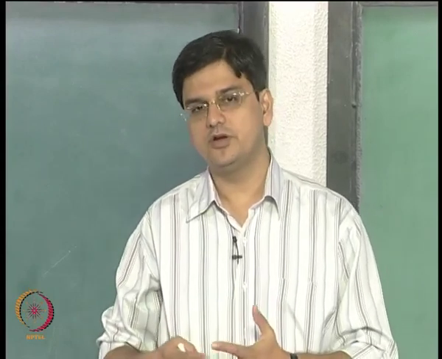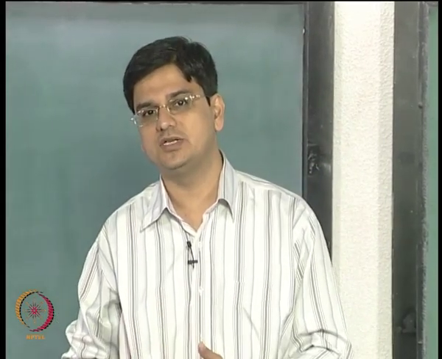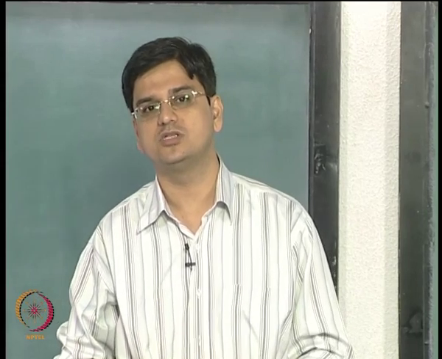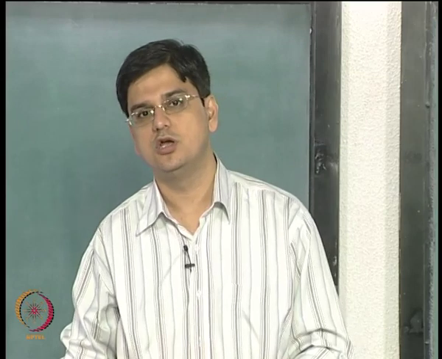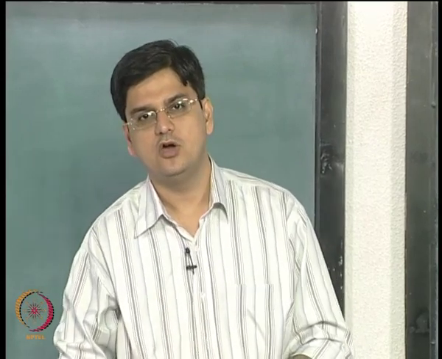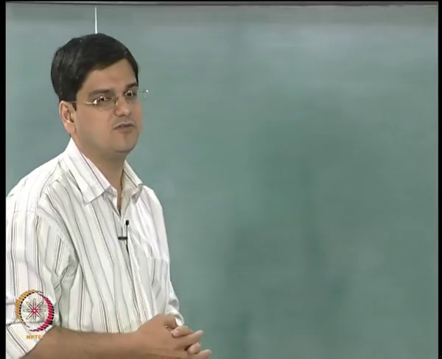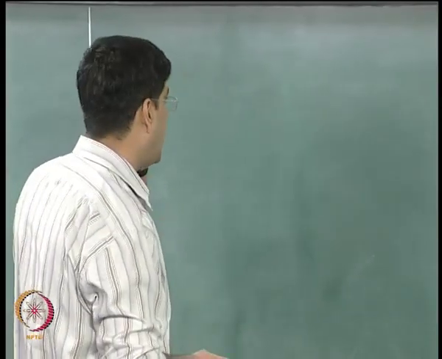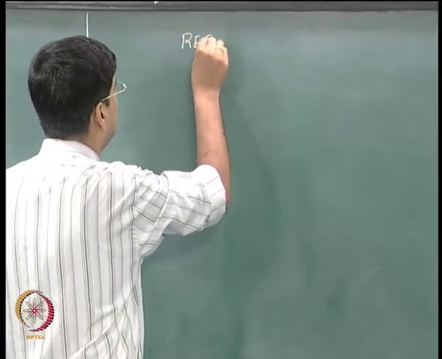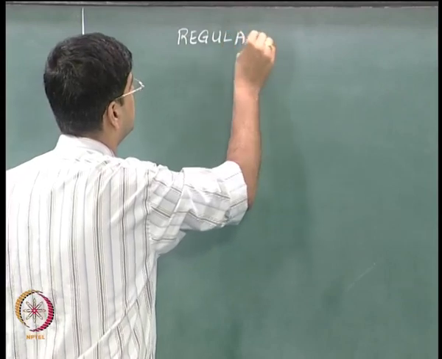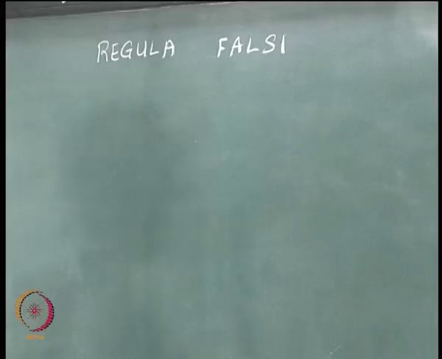The methods that we are going to cover in this lecture are known as open methods, and they are called open methods because the solutions do not have to bracket the true solution. So, I will do a very quick, brief recap of what we covered in the Regula-Falsi method, and that is going to motivate our next method, which is called the secant method.